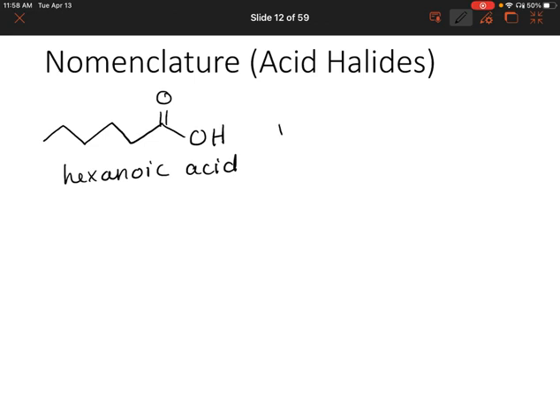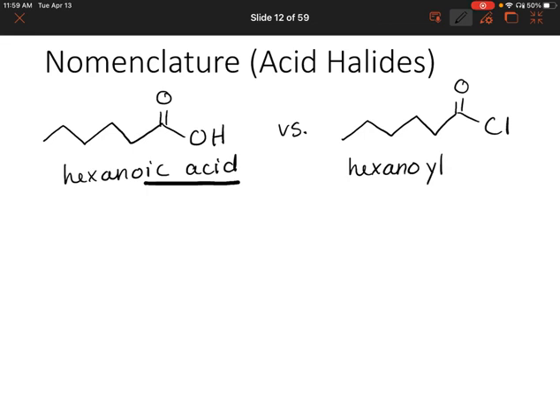And if we turn that into an acid halide, so let's say we have a chlorine on the end there, now we're going to replace the ic acid part with yl chloride.